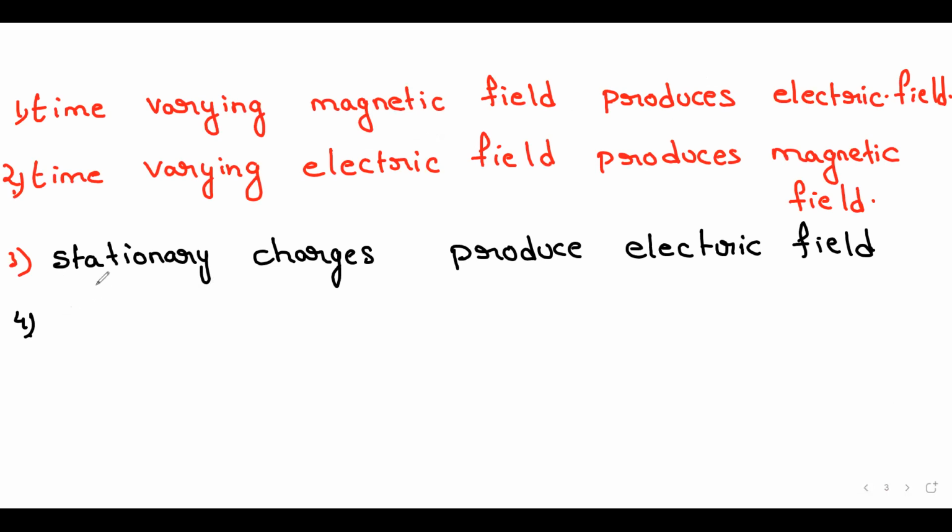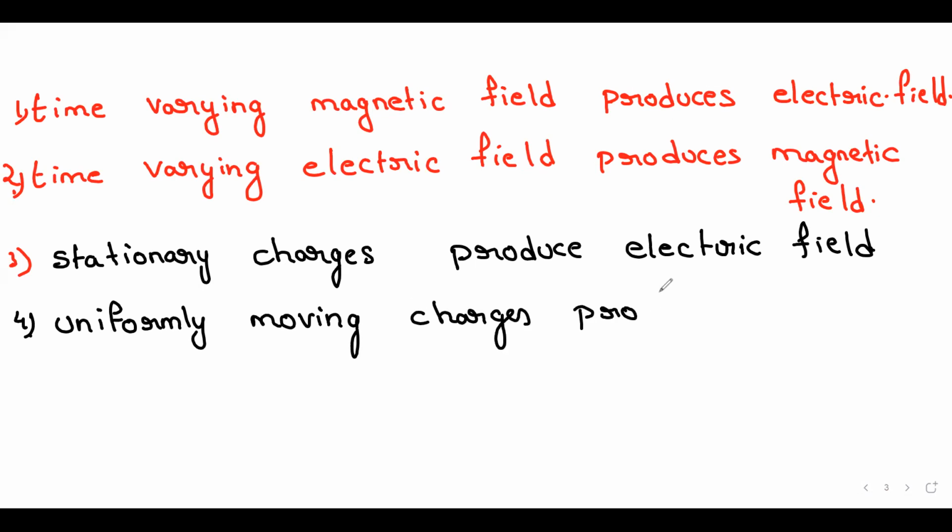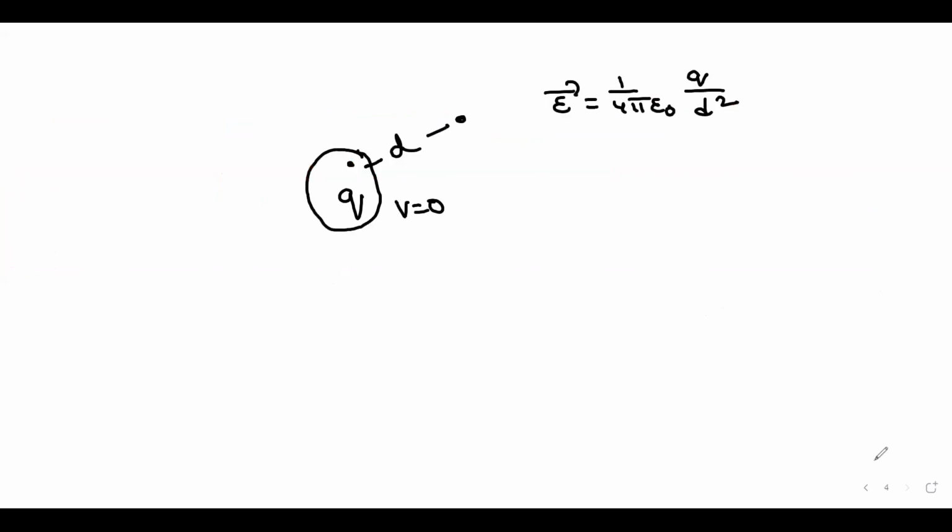So uniformly moving charges produce magnetic field.